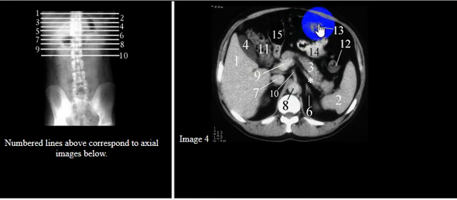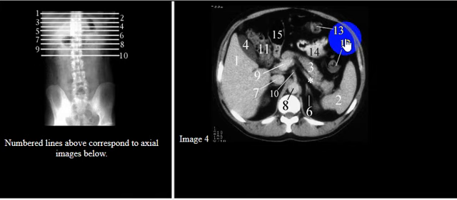The transverse colon is an intraperitoneal structure suspended by a mesentery called the transverse mesocolon, and it begins from the hepatic flexure and ends in the splenic flexure.